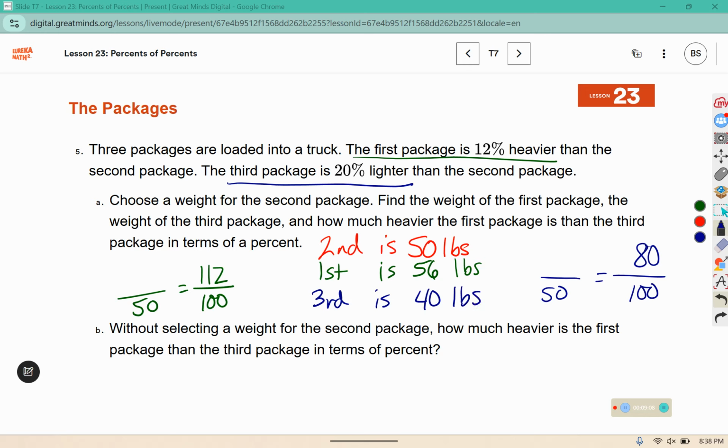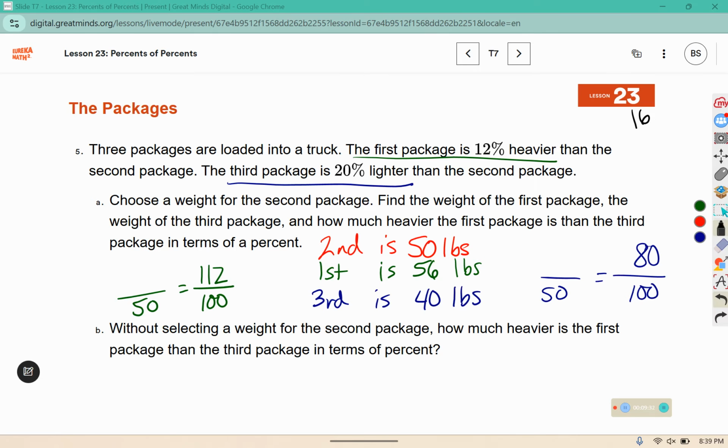And then it says, and how much heavier is the first package than the third package in terms of percent? Well, the first package is 56 and the third package is 40. So that's a difference of 16 pounds.